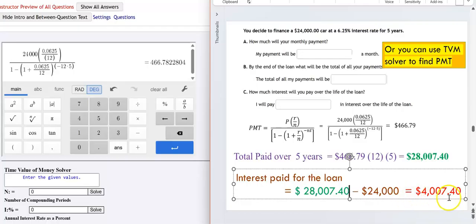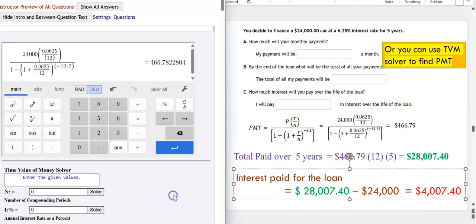That gives you $4,007.40. That's the interest you paid over the loan. That's how you find these three parts of the problem using the scientific calculator.